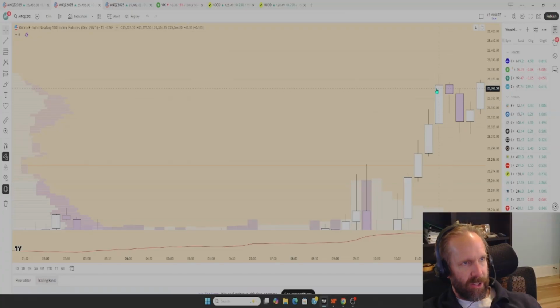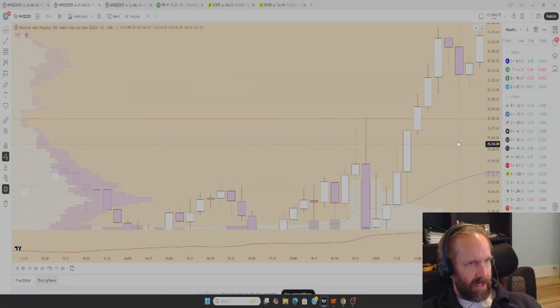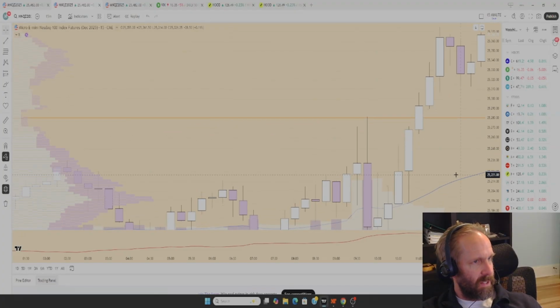Typically, although I don't like to see it on the pole, I don't like to see a wick right there. The wick represents selling. I don't really want to see that big of a wick on the top of a bull candle, because that means there's some selling going on. In fact, talking about wicks, look at when this one started.